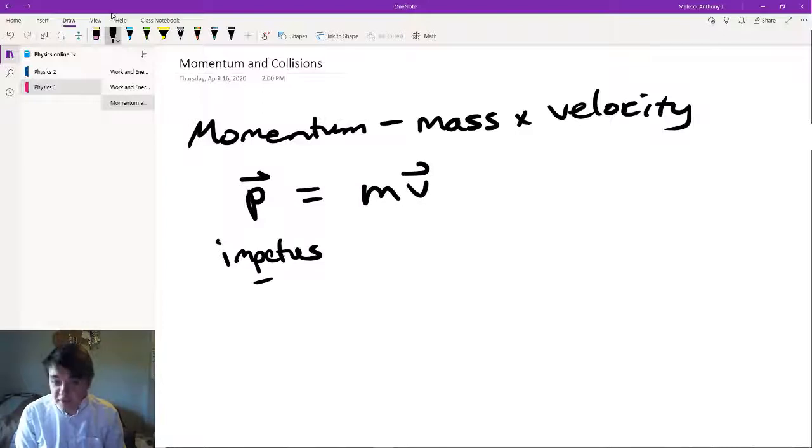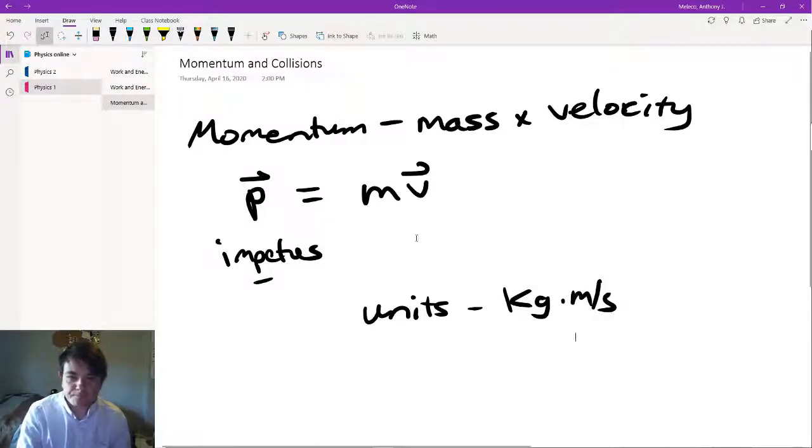It is a vector, unlike energy, which we've recently done, because it's defined in terms of a vector. So remember again that if you're defining something in terms of a vector, there's a very good chance that it is also going to be a vector. So momentum has direction. Its units, because it's defined in terms of mass and velocity, will be kilogram times meter per second.